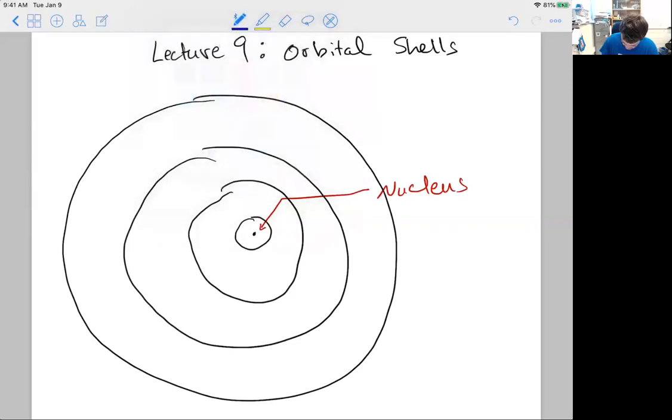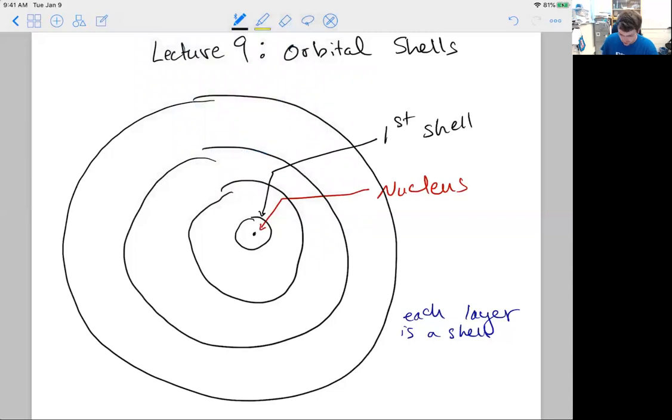So maybe I put that in blue here. Each layer is a shell. What we do is label each of these shells from one, starting in the middle. This is the first shell, or we would call that the one shell.